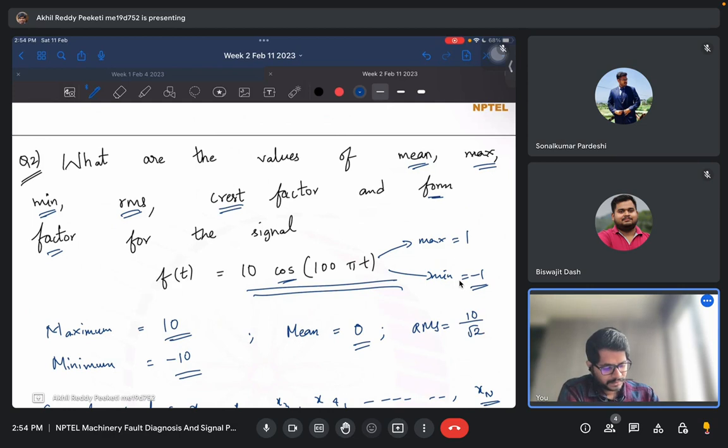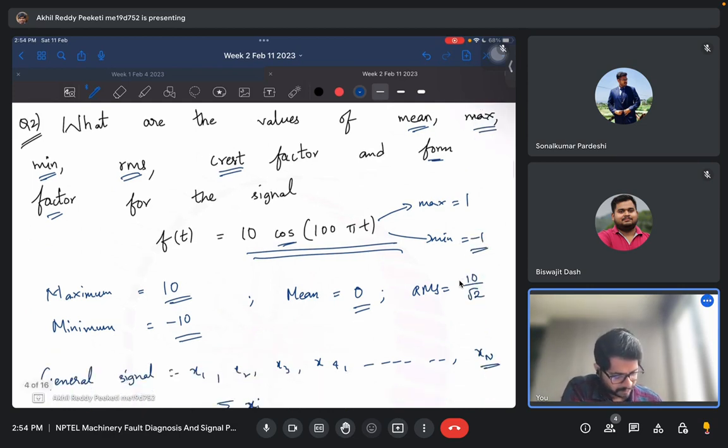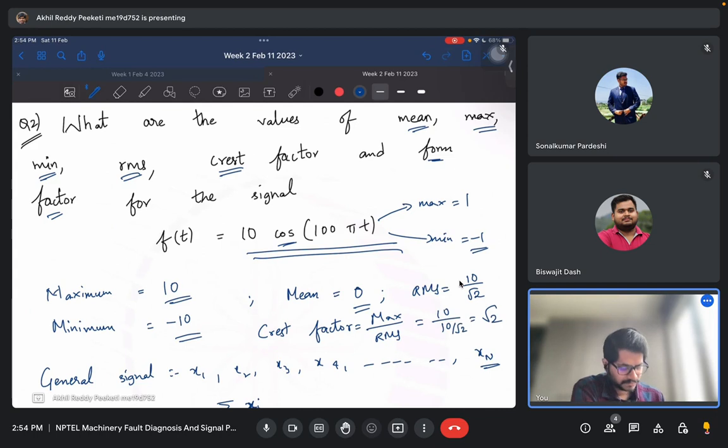Now, what would be the crest factor? Crest factor is defined as the ratio of maximum to the RMS. Maximum here is 10 and RMS is 10 by root 2. So the crest factor is root 2.